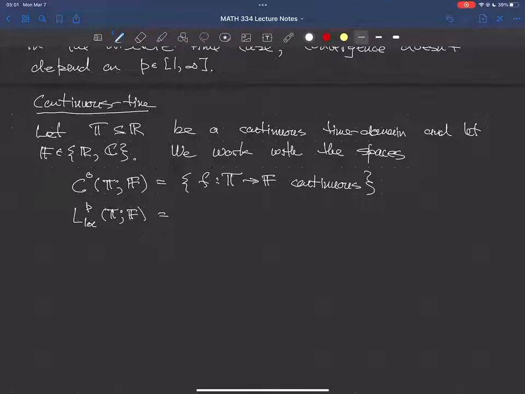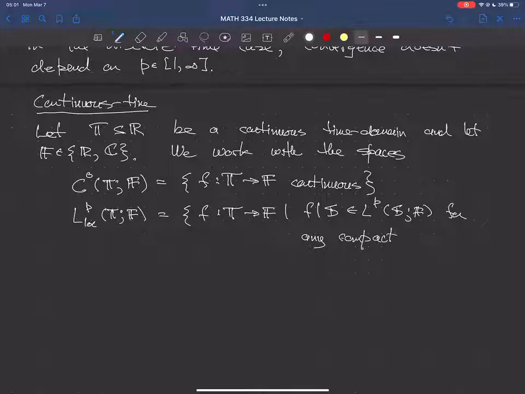This is F with the property that F restricted to S is in LP of S for any compact, not bounded, compact S in T.